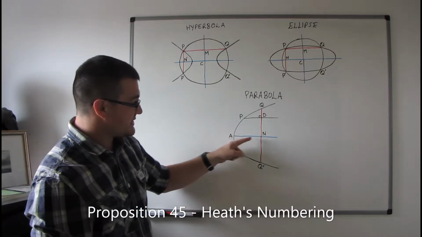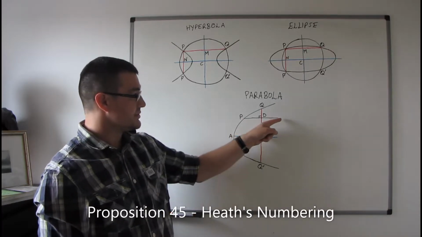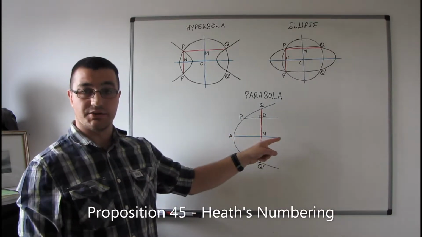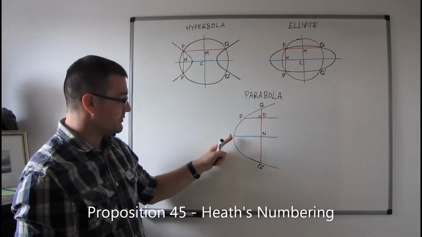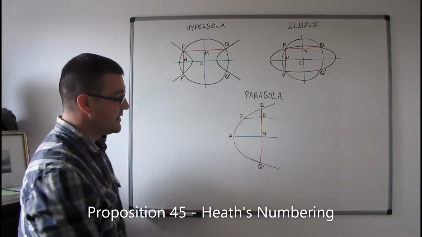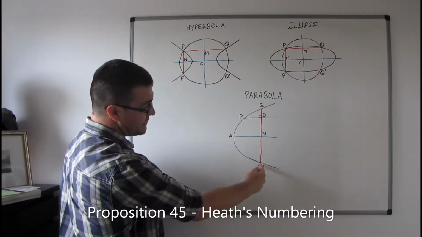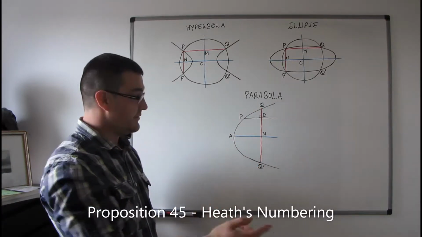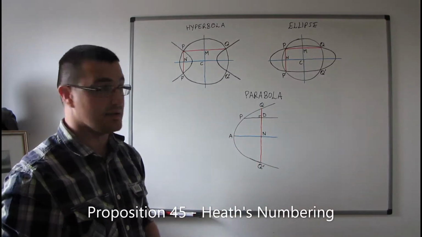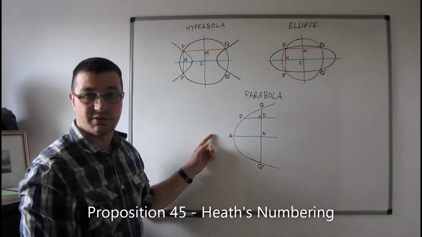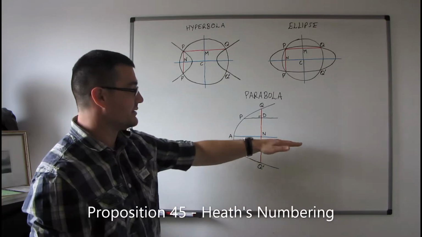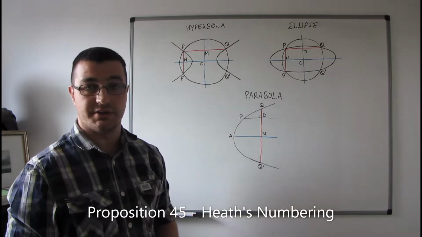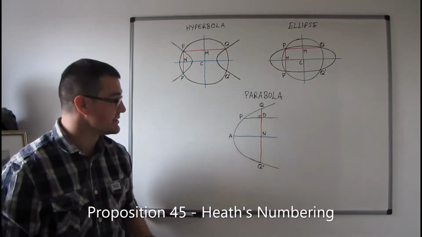So because this line is parallel to PD, it must also be parallel to the axis, and therefore it must also be a diameter. But because it bisects QQ' at right angles, it must actually be the axis itself. And in the case of the parabola, it's quite obvious that there is only one axis, only one line that can be described as an axis.